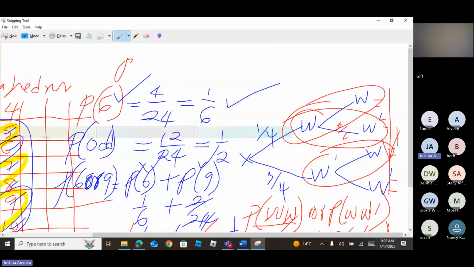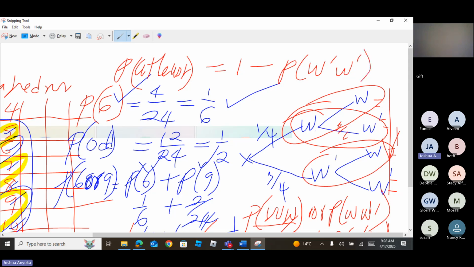So the probability of at least 1 is equal to 1 minus the probability that you will lose and lose, which is 1 minus 3/4 times 3/4, which is equal to 1 minus 9/16, which gives us 7/16 as the answer. So that's what was expected of you.